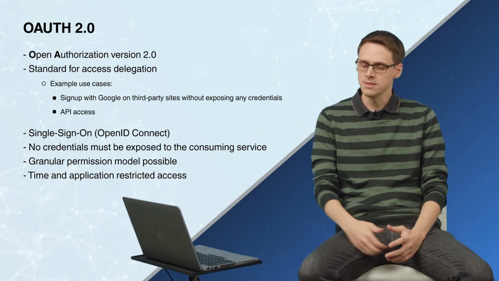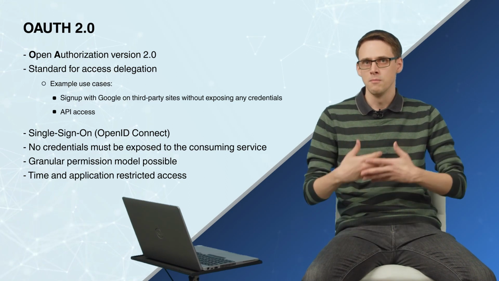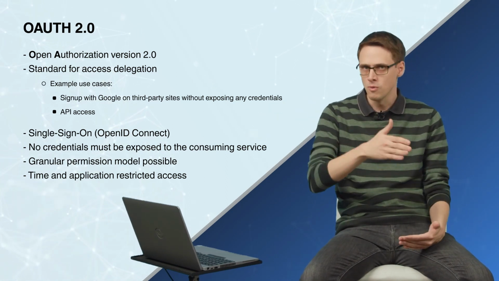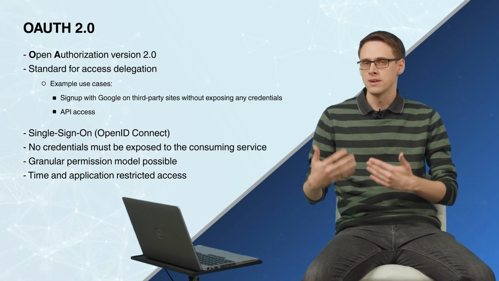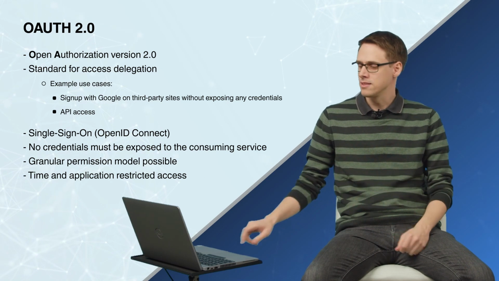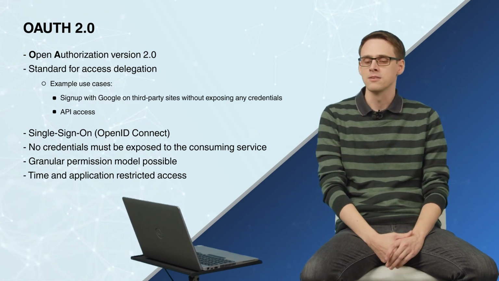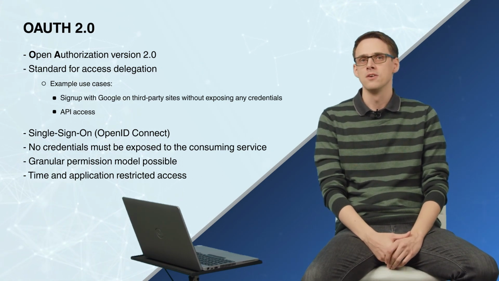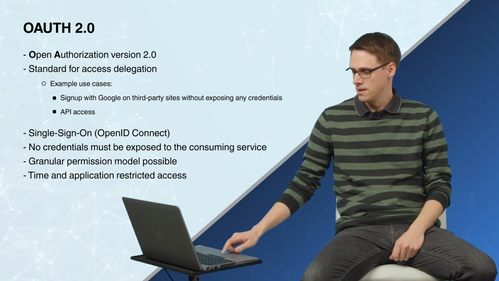And this access can also be time restricted. So the service might not be able to access tomorrow because there's only a 1-day period for access. This allows restricted access for a limited time. If the tokens you get granted from Google get leaked somewhere, you're not able to reuse them in the future.